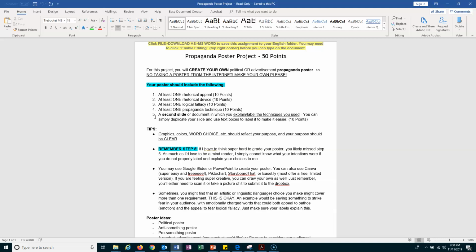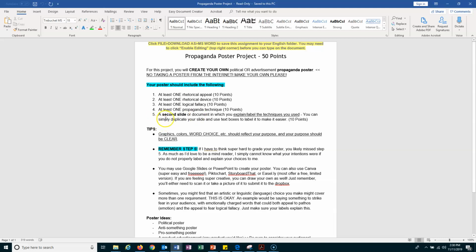You don't want me guessing. You want me to know for sure what direction you're going. If it's taking me a really long time to grade your assignment, I might guess wrong, right? I might think I know which direction you're going, but if you're not labeling and telling me, no, this is ethos and this is why this is ethos, then your grade may not turn out quite as good as you want it to.